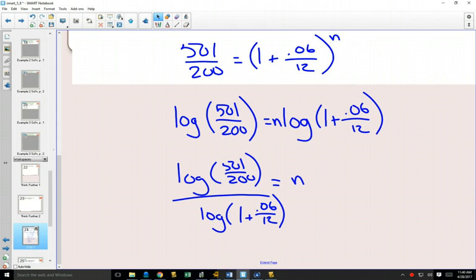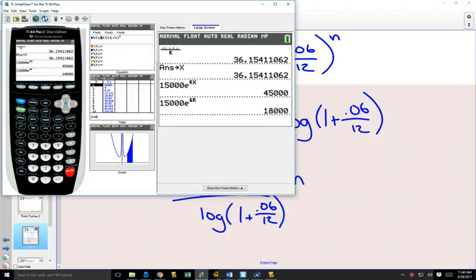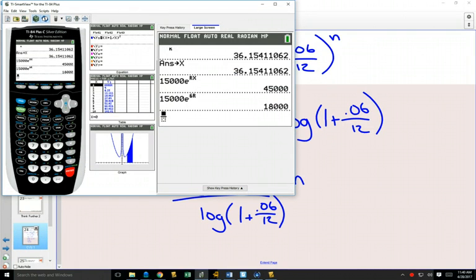So we can take out our calculator, get our fraction button working. Log of 501 divided by 200, over log of 1 plus 0.06 divided by 12.